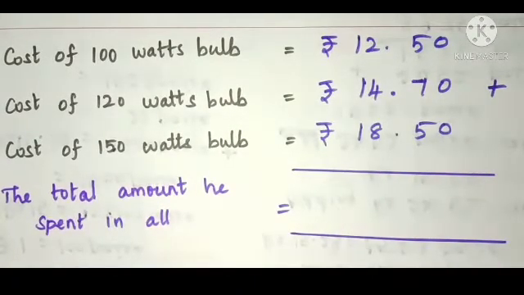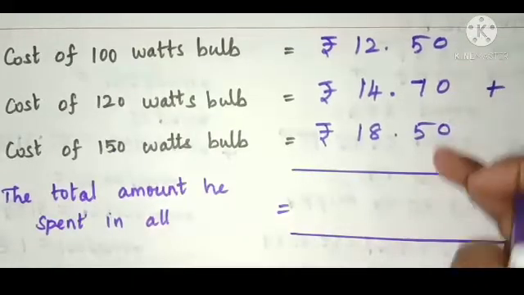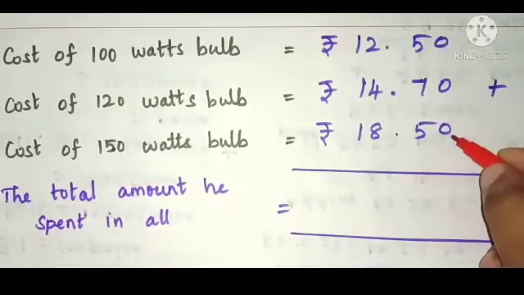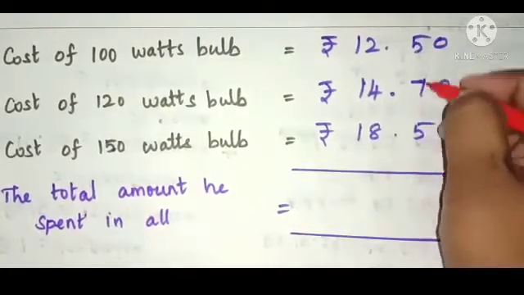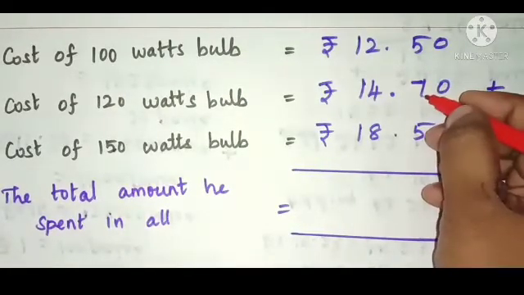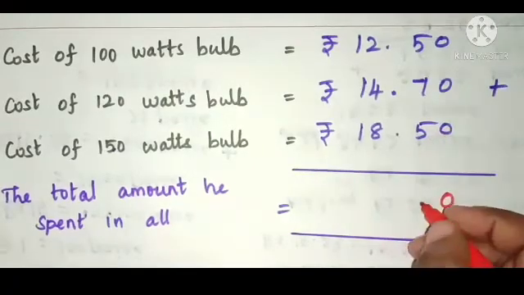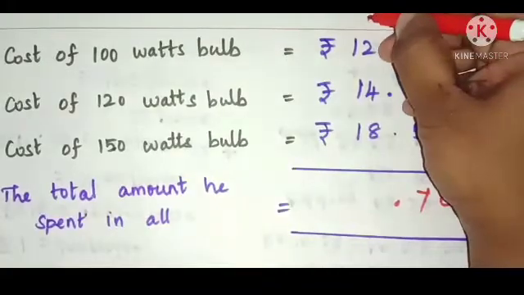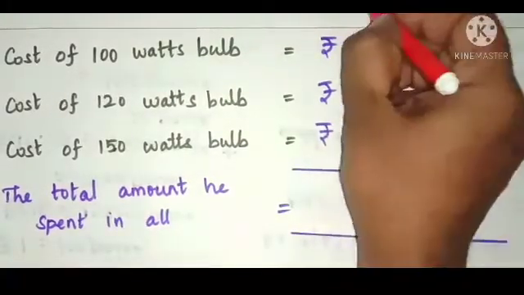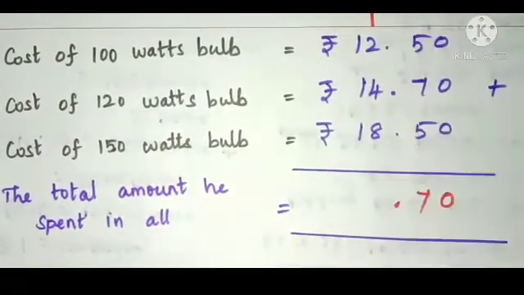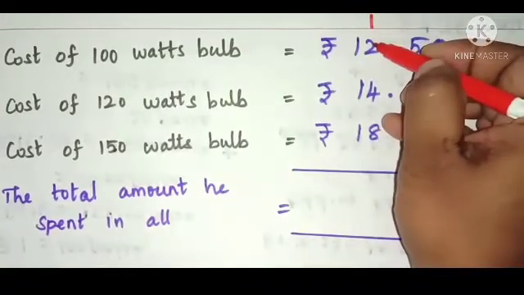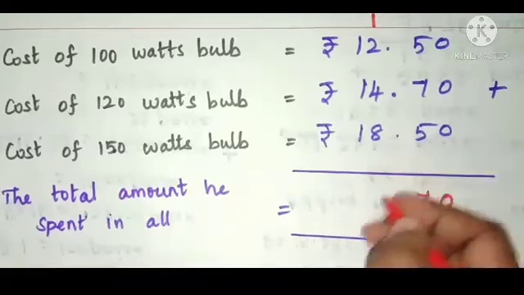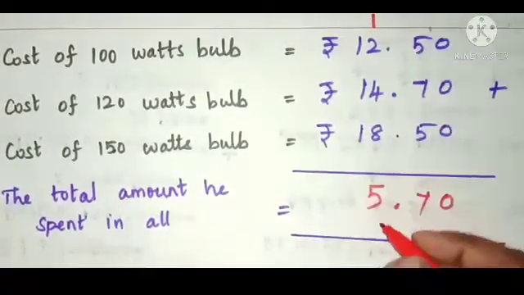Now, what is the total amount he spent in all? To find that, we need to add all these three values. 0 plus 0 plus 0, we get 0. 5 plus 7 is 12. 12 plus 5 is 17. Write 7 and bring 1 to the rupees column. 1 plus 2, 3. 3 plus 4, 7. 7 plus 8 is 15.